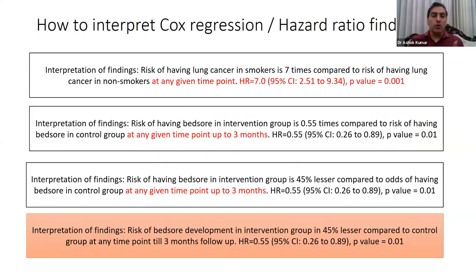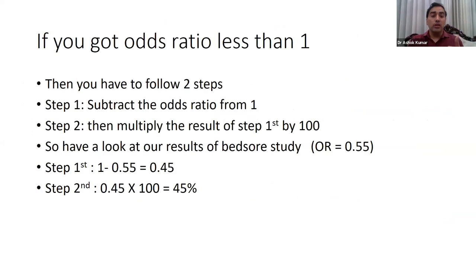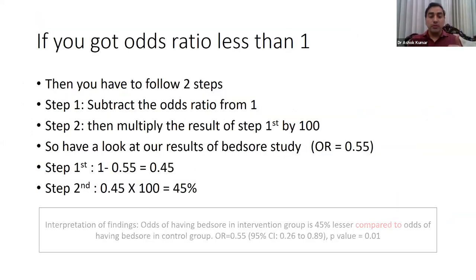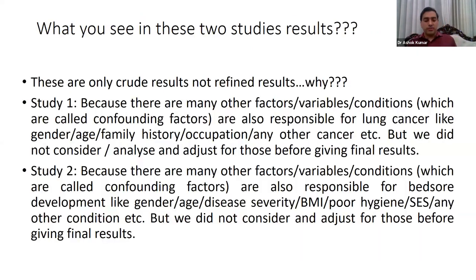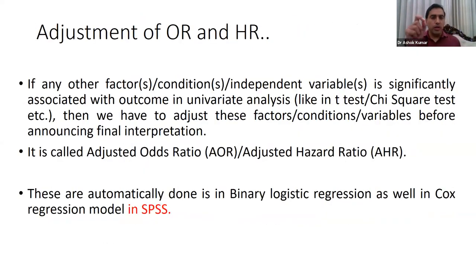So these results are only crude results, not filtered or adjusted results for confounding variables. So for this, we have to do adjustment for the odds ratio and hazards ratio, if any other factor, condition, or independent variable is significantly associated with the outcome; the outcome is bed sore development at 3 months or lung cancer development.